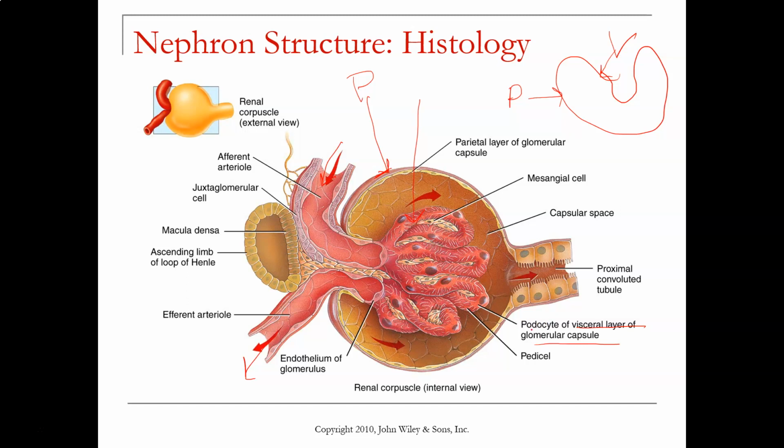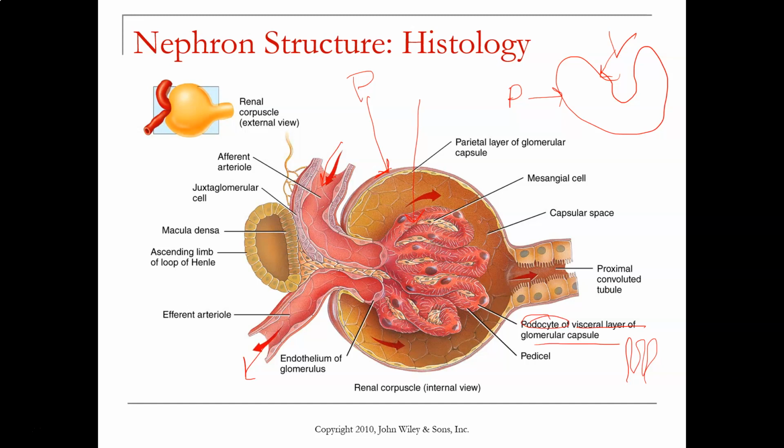They're called that because podo refers to feet, like podiatrist, and they call it that because the cells have little feet or little extensions that come off, and they interdigitate with each other with slits in between. So those are the podocytes. They're also epithelial cells, a single layer. So histologically speaking, the glomerular capsule is simple squamous epithelium. And you should know that the visceral layer is also called podocytes.